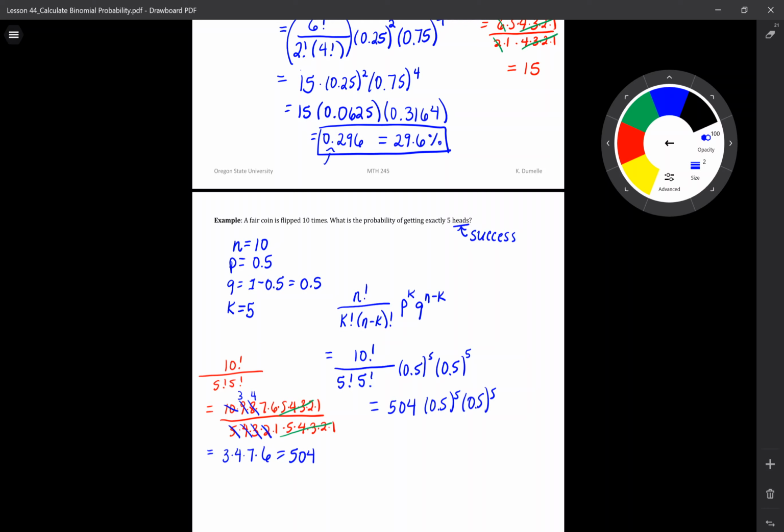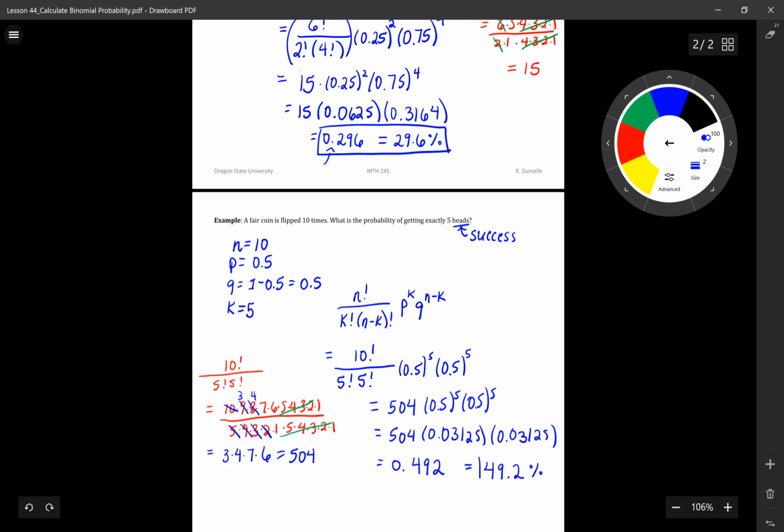And let's see, 0.5 to the power of 5 is equal to 0.03125, and we have that twice. 0.03125. And if I multiply this out, I get 0.492, which is 49.2%.